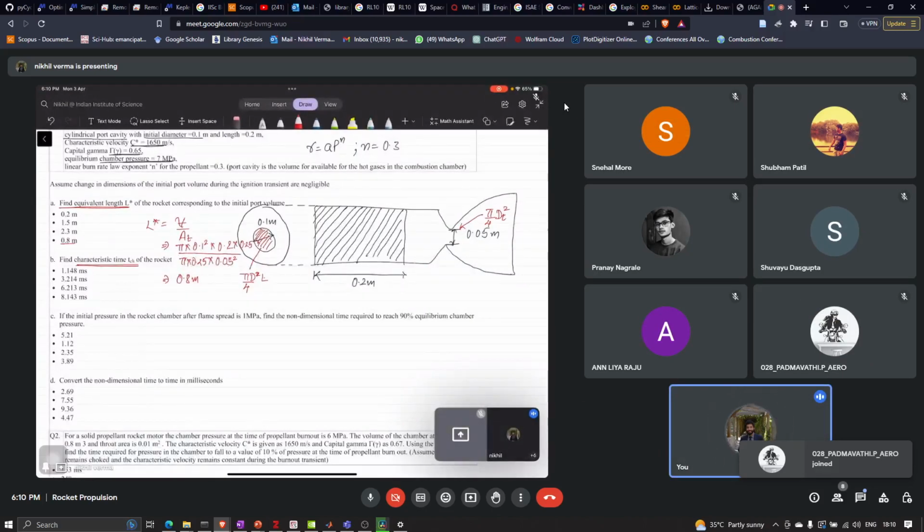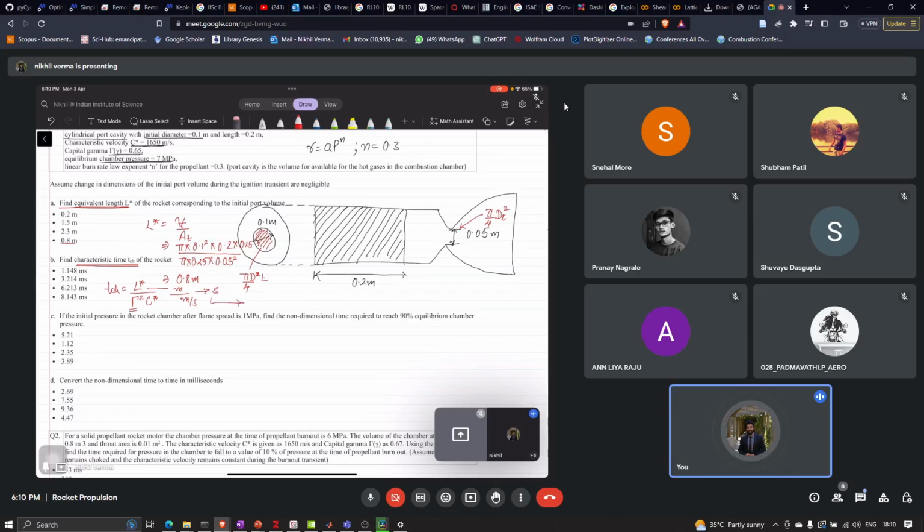rocket. So anybody know what is the formula for the characteristic time? Okay, so TCH is given as L star divided by gamma square into C star, which has a unit of meters divided by meter per second, and this is unitless, so it will give you the unit of seconds.